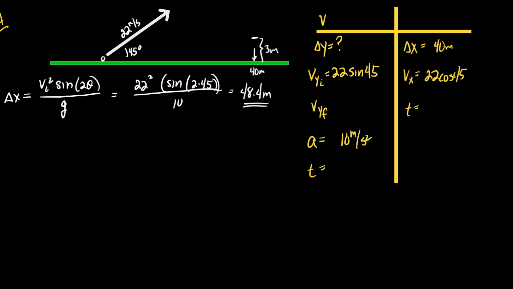Now it looks like, again, you need 3 pieces on one side or 2 pieces on the other. Do I have enough information to solve for the time? Looks like I do. I'll have to use the horizontal side for that.